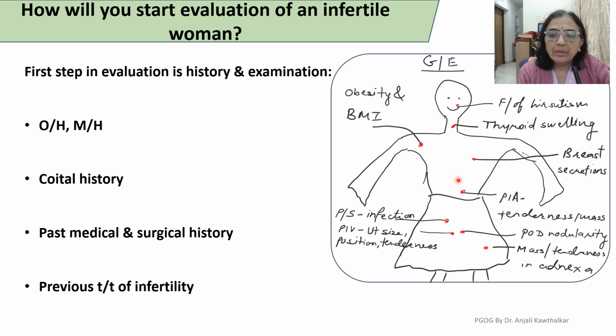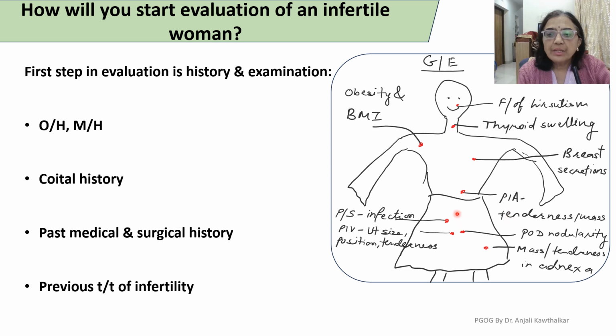I hope that now in current practice you will not be facing the same scenario. But that was long back, around 25 years ago, when there was not that much awareness about hyperprolactinemia, even among gynecologists.